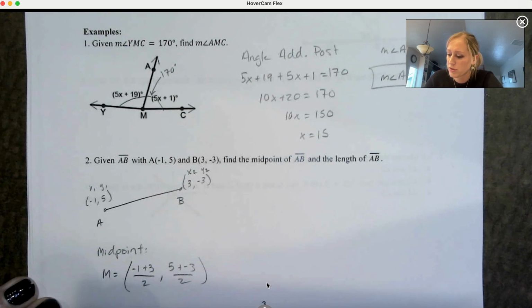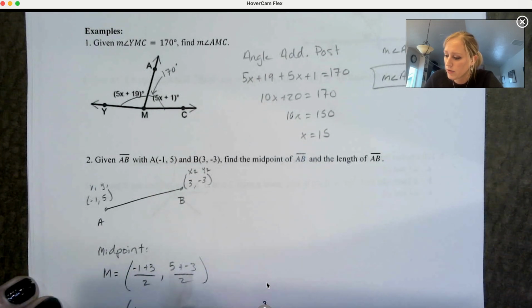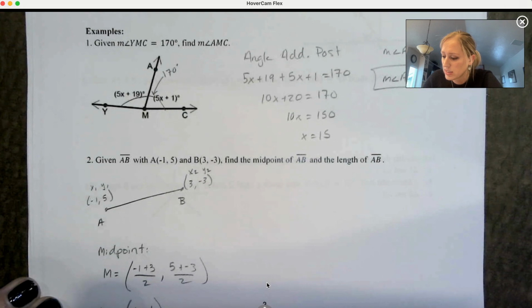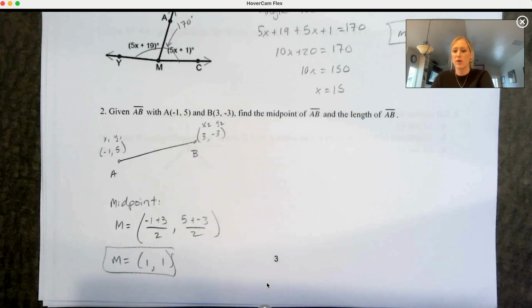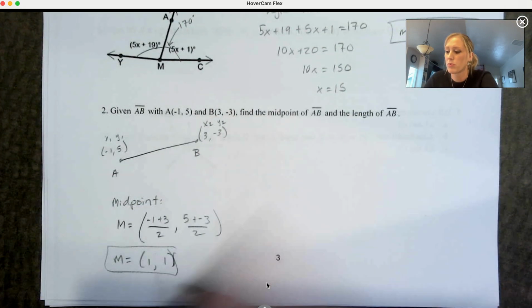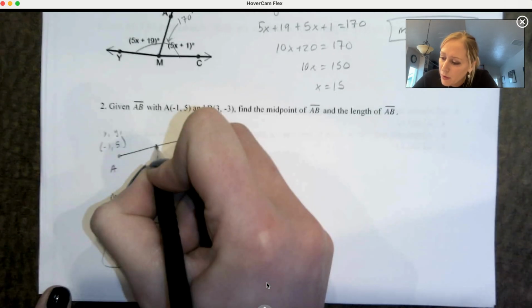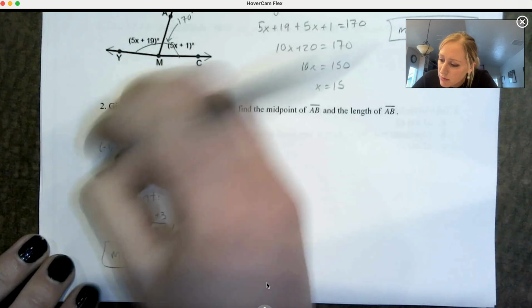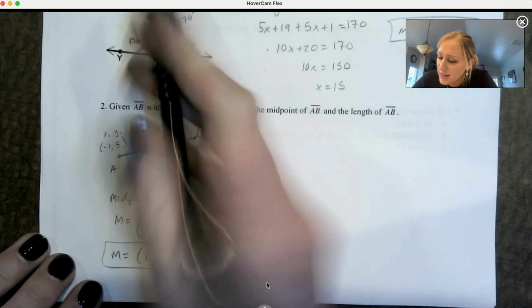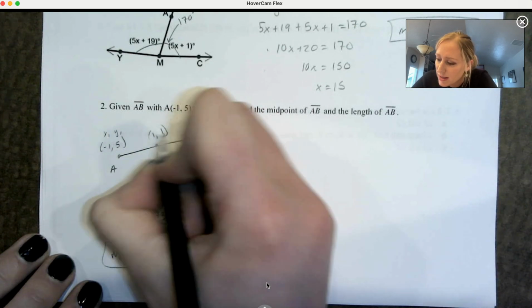Simplifying here, I get 2 over 2, which is 1, and 2 over 2, which is another 1. So these are the coordinates of the midpoint. When I simplify those fractions, I get the coordinates 1, 1. So 1, 1 is in the exact middle of our segment. Okay, 1, 1. There's our coordinates.